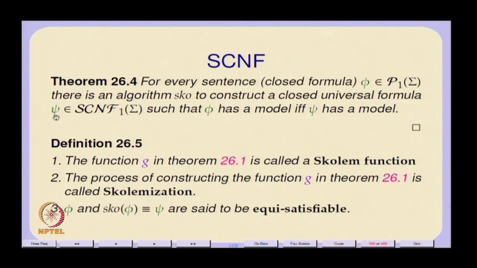Here it is only equisatisfiable. So, they are said to be equisatisfiable. They may not have the same models, but if one has a model, then the other also has a model.